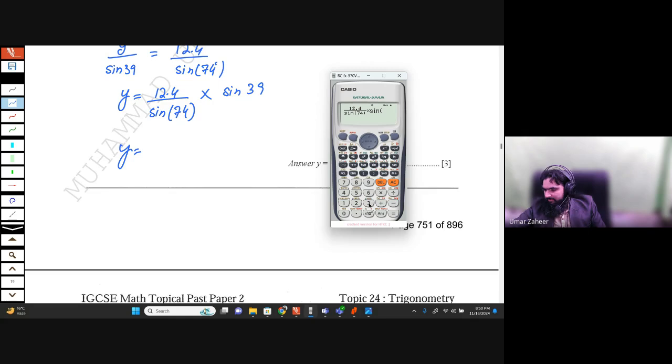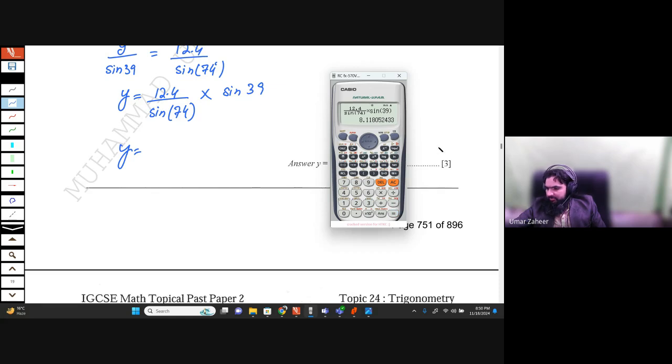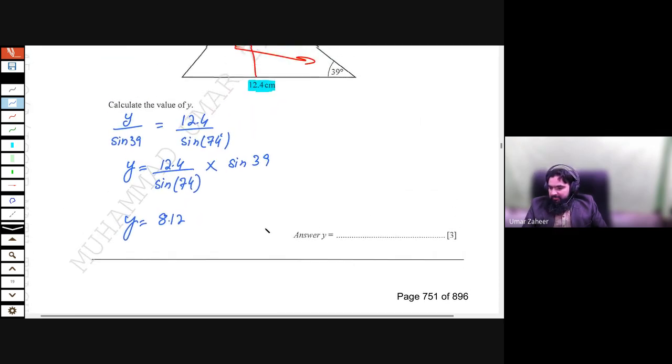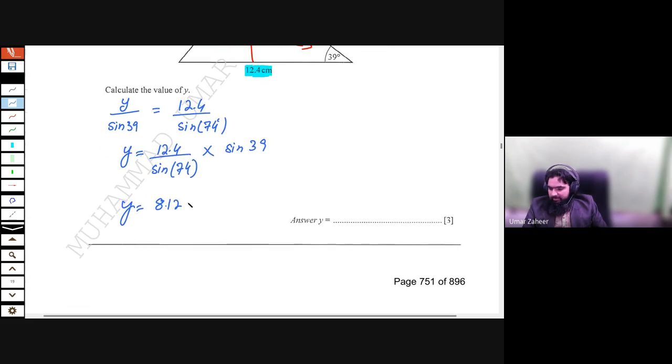Okay. Say 8.12. Yeah, 8.118 or 8.12. Obviously, when you have to round off 118, you will get the 8.12 centimeter.